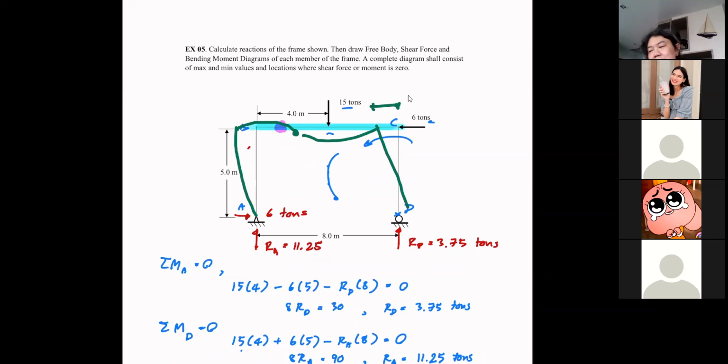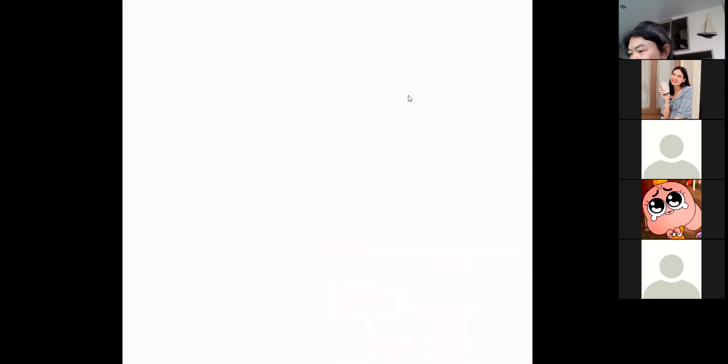Okay, so let's say I am giving you a typical frame like this. Instead, I push it from the left. Now, without any calculation, can you use your imagination to try to feel how this frame is going to deform?